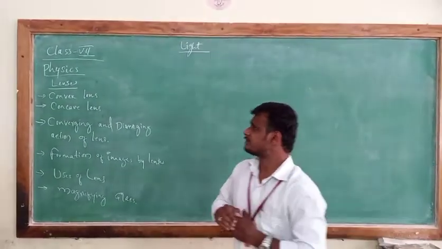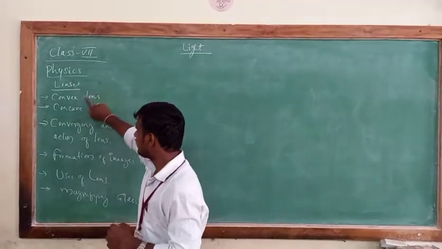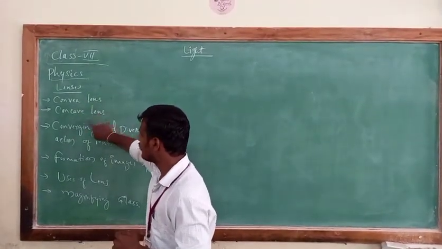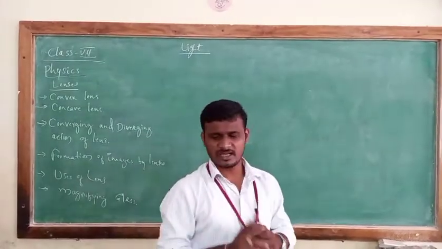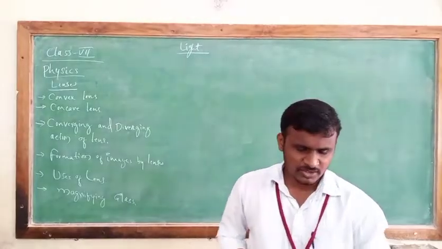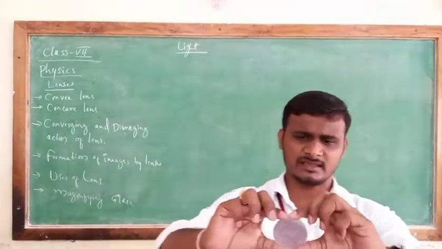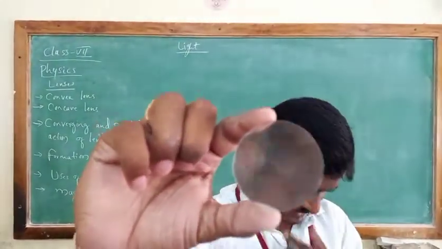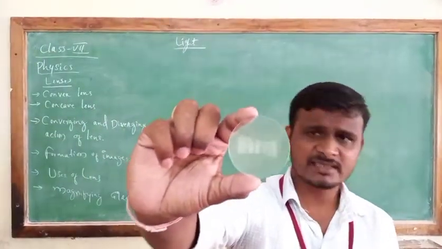In lenses there are two types, convex lens and concave lens. See carefully, this is the convex lens.